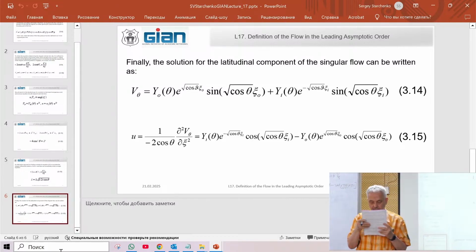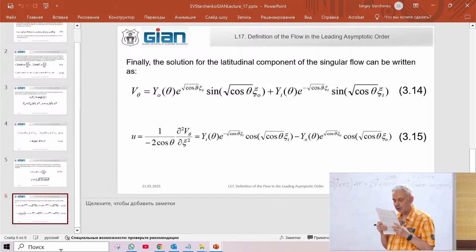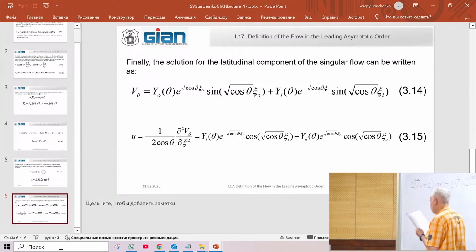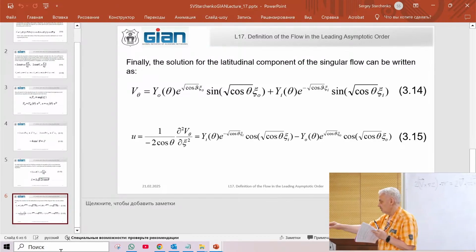But the third task I will give you by myself in detail. Okay, let's remove that.